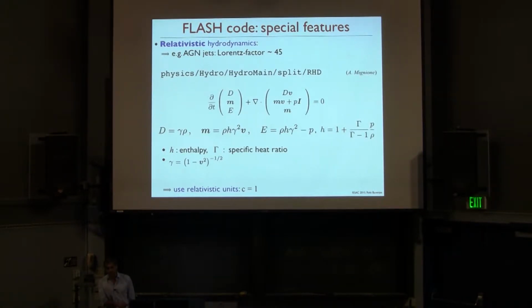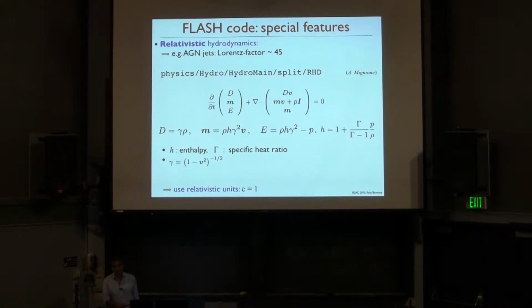I guess a lot of features you find here in the Flash code you also find in the Pluto code, and these approaches are very comparable. So what it does here, it solves this equation, and the important thing is, of course, the Lorentz factor.